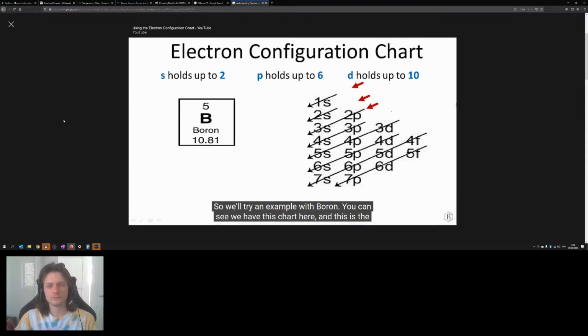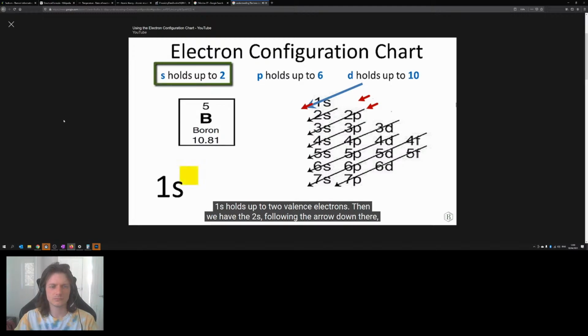So we'll try an example with boron. You can see we have this chart here, and this is the general format you'll see them in. We have boron. We know we have 5 electrons. So we'll follow the chart, and we'll go down the 1s. So we write 1s, and we know that 1s holds up to 2 valence electrons. So let's put 2 electrons there. Then we have the 2s, following the arrow down there. That holds 2 electrons as well, since it's an s orbital.